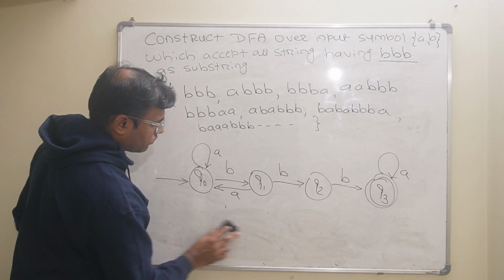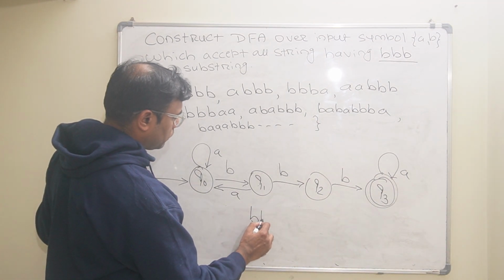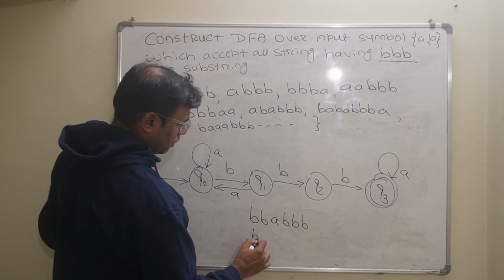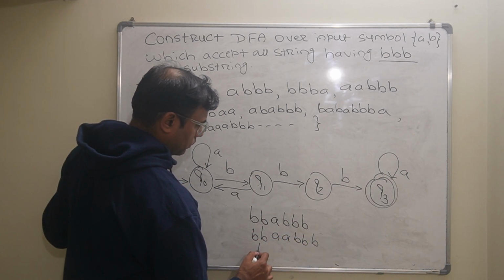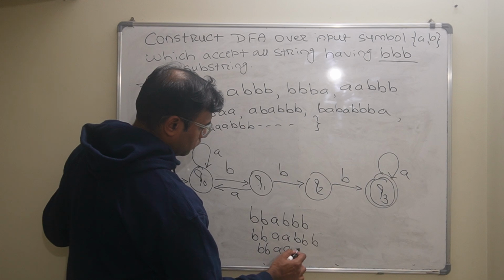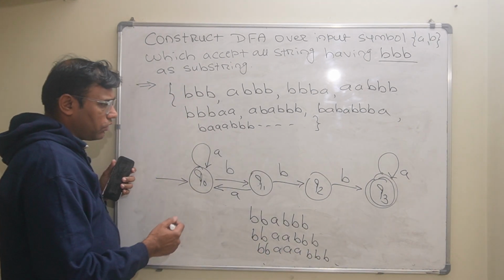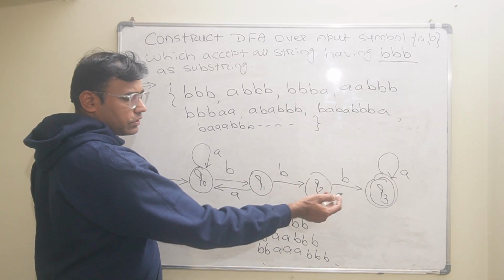Now the next possibility can be bbabbb, bbaabbb, then bbaaabbb. So this way is also possible. So b, b, then again there is bbb.